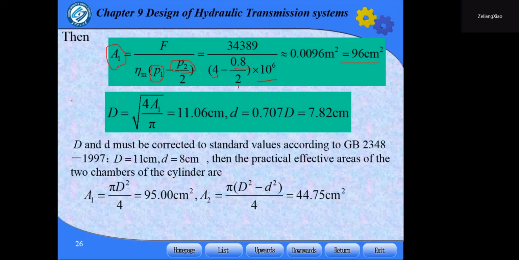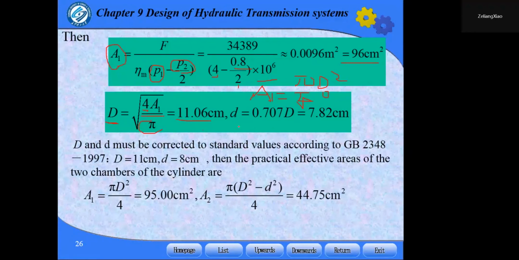This one. The area is the circle. So we can get this one. There's the diagram. This one for outside A1 and D1. So we can get the diagram.